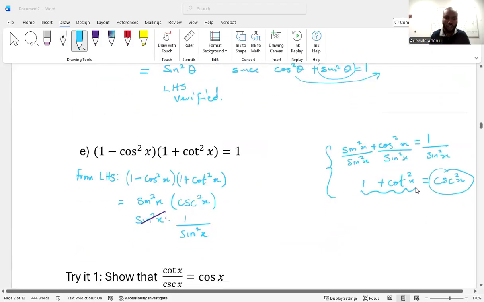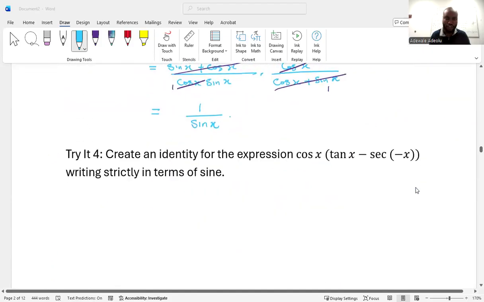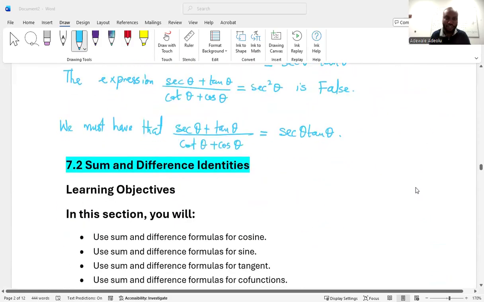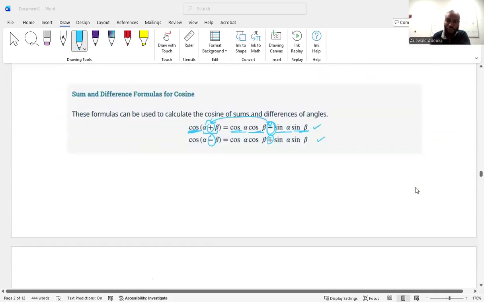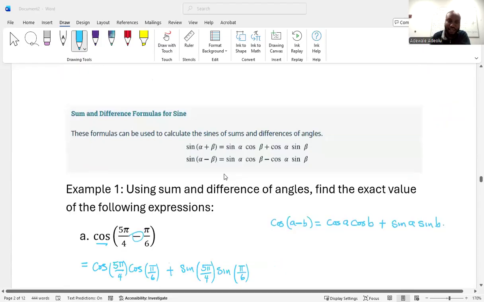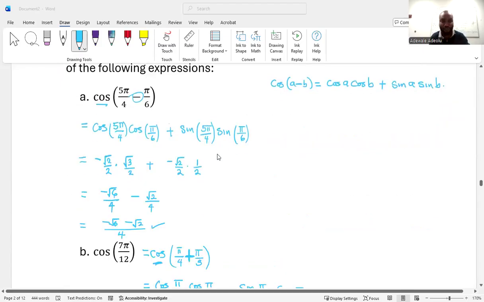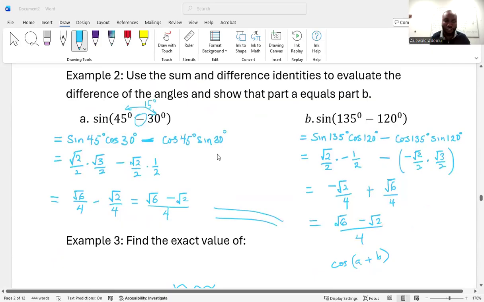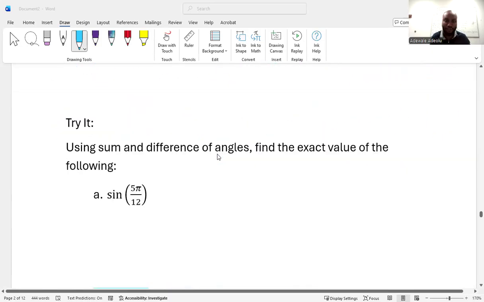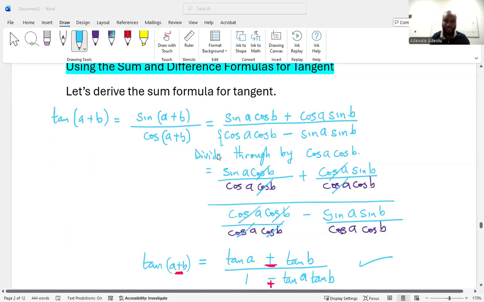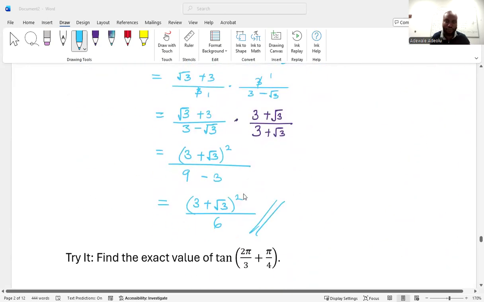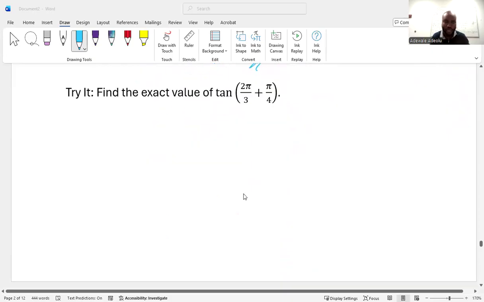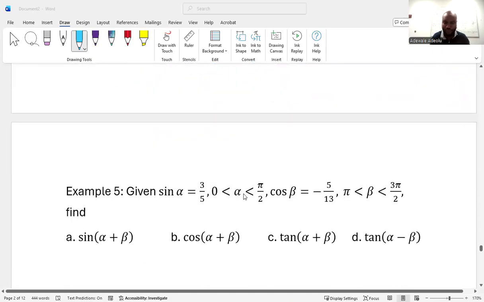We also learned about using the sum and difference identities. I talked about these formulas for cosine and also for sine. We solved some examples and we also derived a similar formula for tangents, and we used that to solve some examples as well. And you also have some try-its from the earlier work.